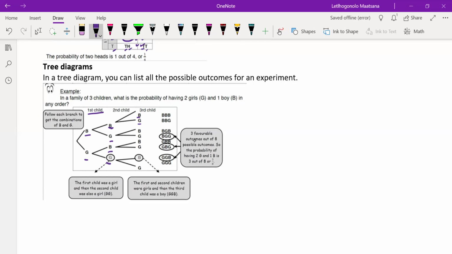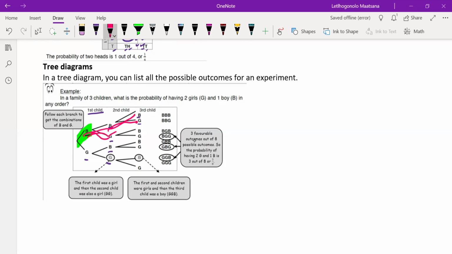Here we want to know the probability of having 2 girls and 1 boy. So let's start with the first one and look at it. Going from here all the way there, we'll see we only have boys, so it doesn't meet the events we want. Over here, we'll see that it has 1 girl, not something we want.